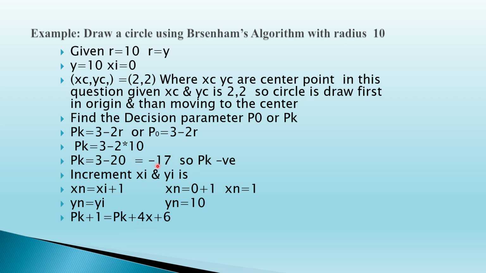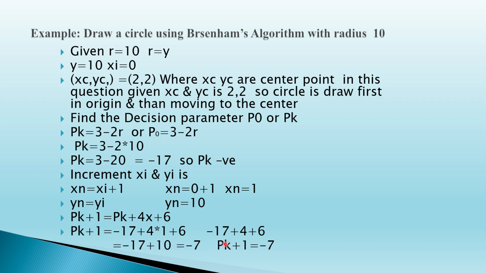Put the first pk value, minus 17, plus 4 into the x value, which is now 1, plus 6. That is minus 17 plus 4 into 1, which is 4, plus 6, so minus 17 plus 10. The pk value is minus 7.